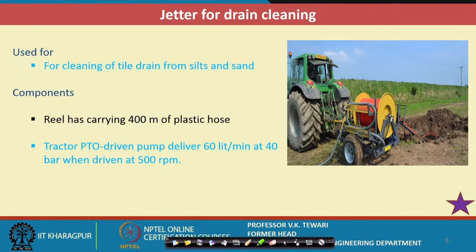Drain cleaning, this is the one which I said in the beginning. Sometimes when the material is flowing through the drains, if it doesn't flow off along with the water, initially it will be all together, maybe a slurry sort of thing.